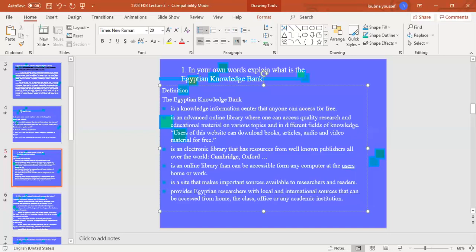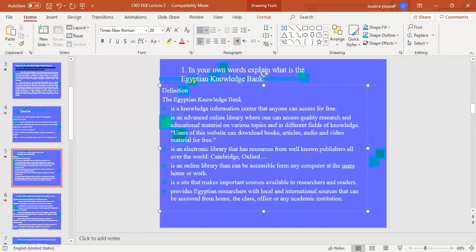Another possible answer is that the Egyptian Knowledge Bank is an online library that can be accessed from any computer, at the user's home or at work. So it is an online library and it is accessible on the internet.